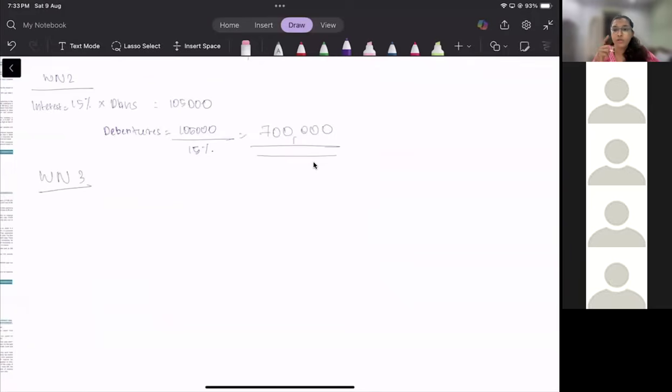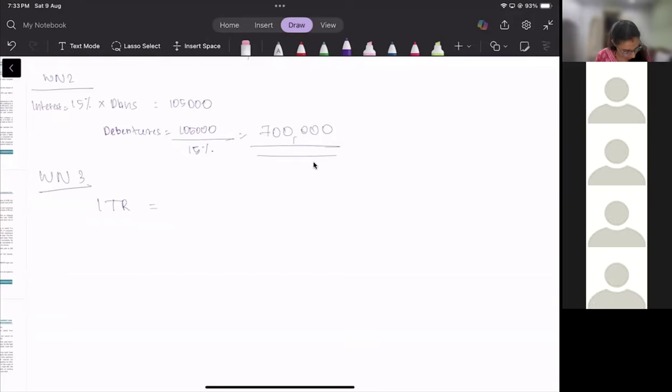Don't do mind calculations or calculator work and just write the final figures. Don't do that. Write the steps. Because sometimes we don't intentionally make something wrong, but unintentionally some calculation mistakes can happen. In that case, what comes to our rescue is these steps. So don't miss out on any of the steps.